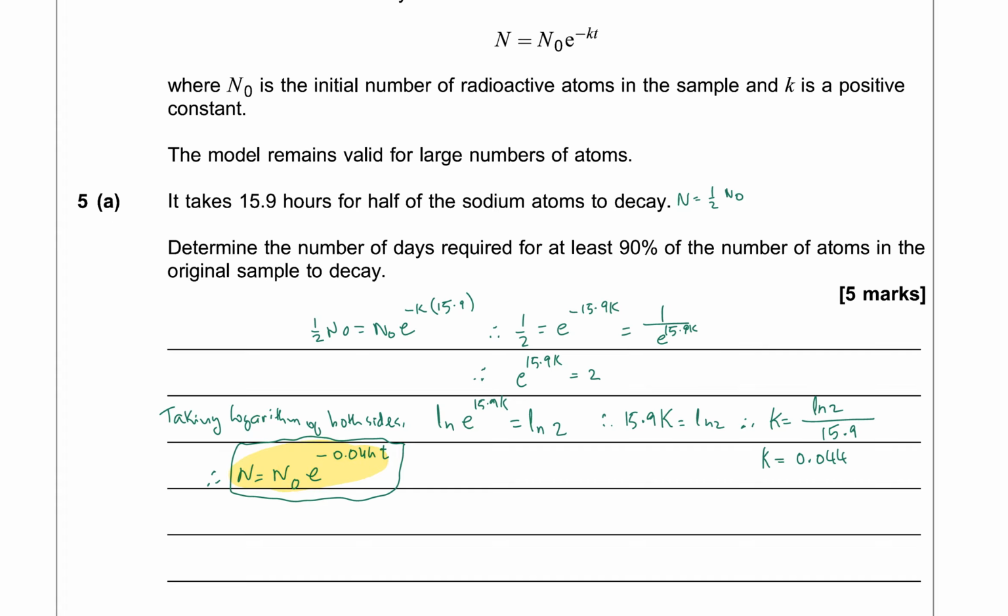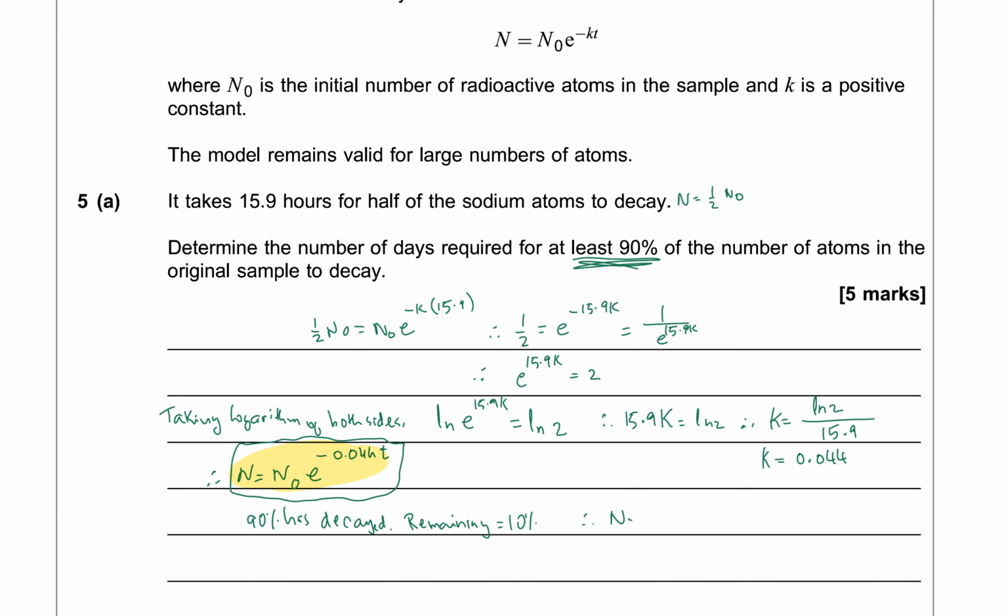Now I have to work out the number of days required for at least 90% of the number of atoms in the original sample to decay. So 90% has decayed, so remaining would be 10%.